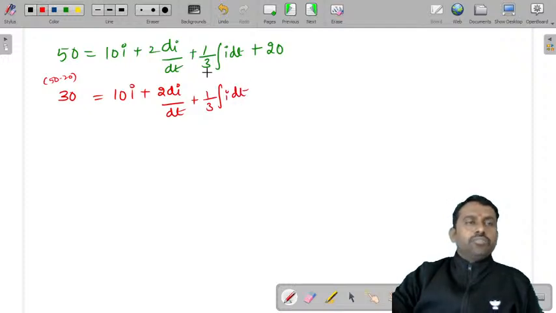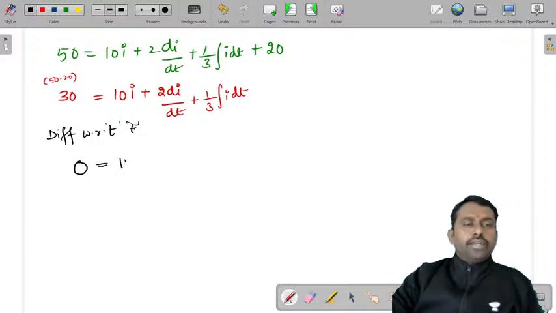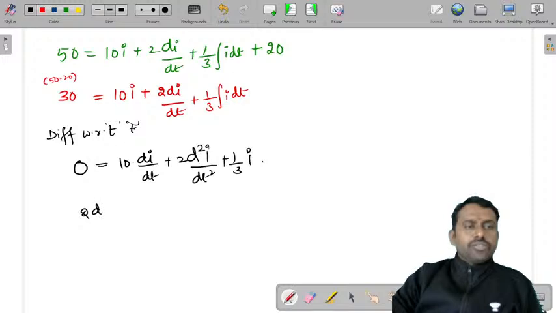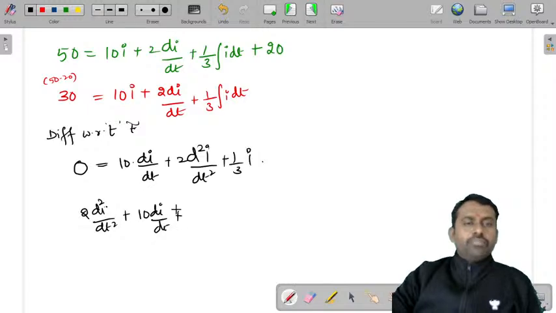Because this is an integro-differential equation, differentiate with respect to t. So this will be 0 is equal to 10 into di by dt plus 2 into d square I by dt square plus 1 by 3 into I. So you can write it as 2 d square I by dt square plus 10 di by dt plus 1 by 3 into I is equal to 0.